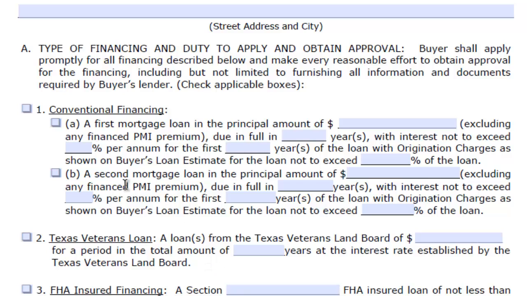All it's saying is that if you're using conventional financing, you would check this box, and then you've got two options here. If you're using conventional financing, you're for sure going to check this one, and most of the time that's all you're going to check. But if you're getting two loans, then you would check this as well.